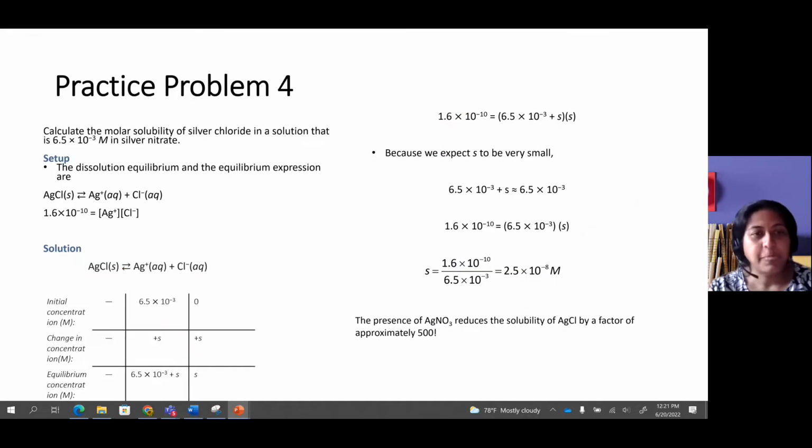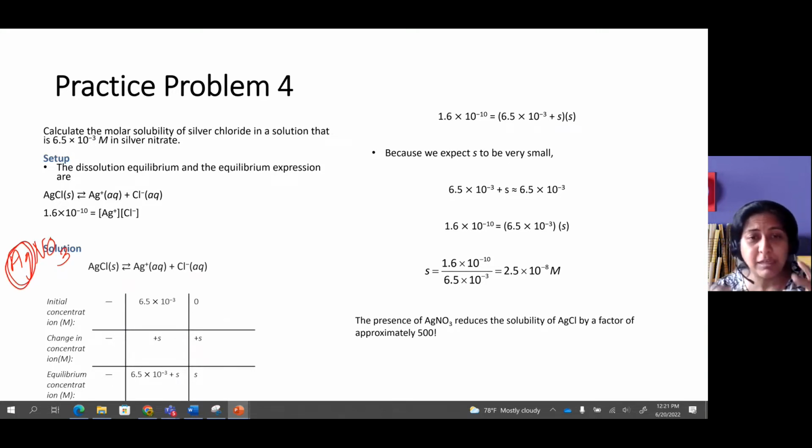Practice problem 4. Calculate the molar solubility of silver chloride in a solution that is 6.5 times 10 to the negative third molar in silver nitrate. We have silver chloride and silver nitrate, so what is the common ion? The silver is the common ion.